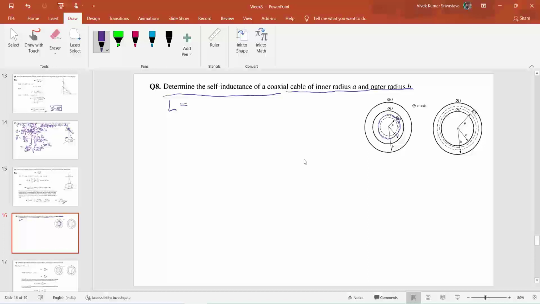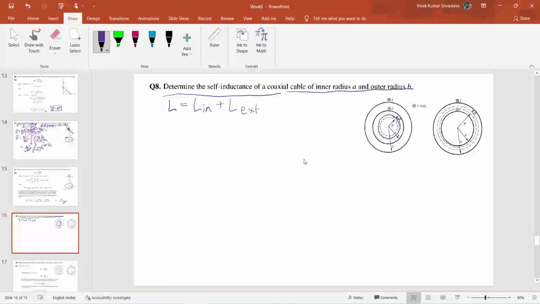So the total inductance is defined as the inductance that is inside this inner conductor and the inductance that is outside or external to this inner conductor, or in between these two conductors.